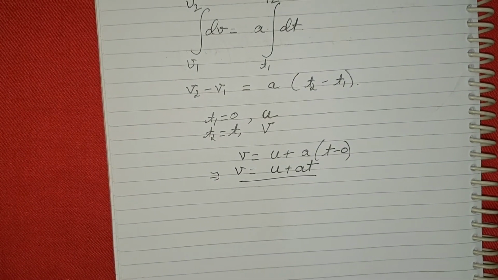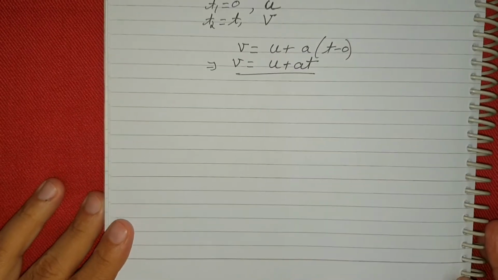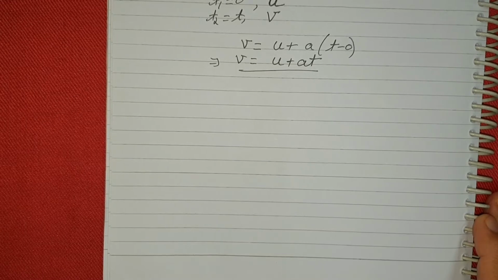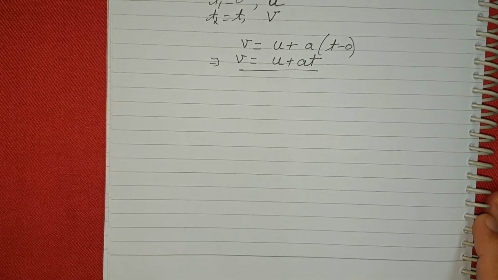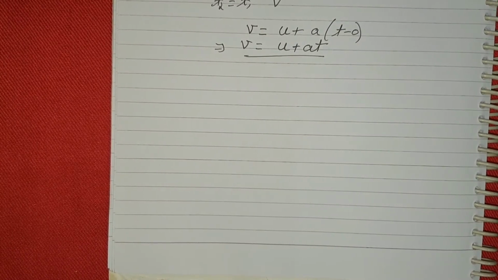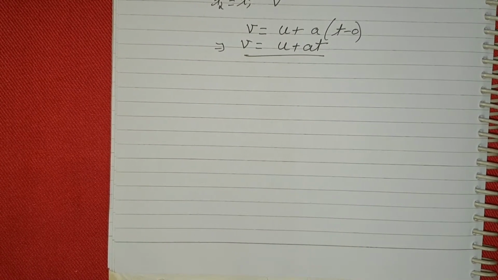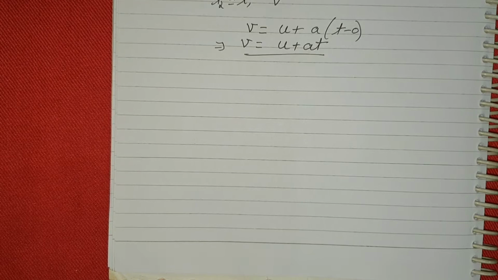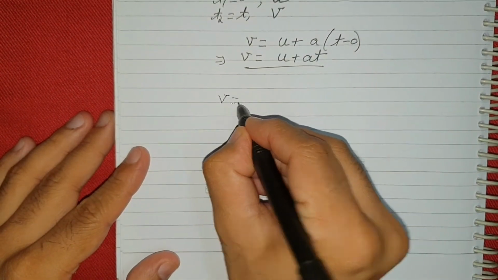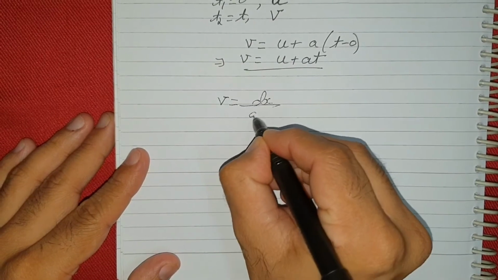Now the second equation of motion. Consider an object moving in a straight line with uniform acceleration a. Let at any instant t, dx be the displacement of the object in time interval dt. Then the instantaneous velocity v is given as dx by dt.